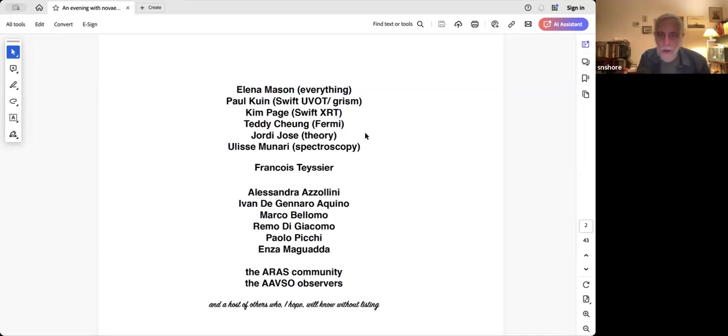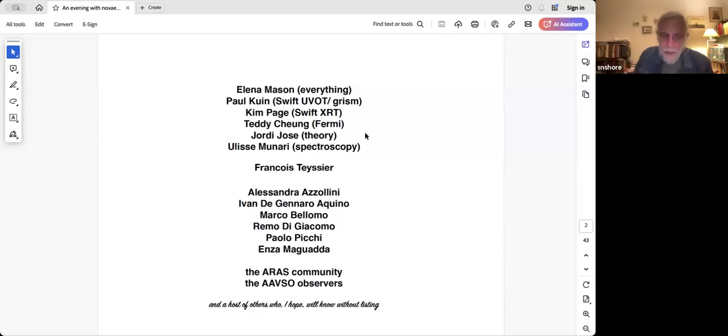Those who are principally involved in the different wavelength regions are Paul Kuhn, who's UV and Grissom on Swift, Kim Page, who's the one who keeps everybody up to date on the development of X-rays from observed systems. Teddy Chung and Pierre Jean are the ones who are the principals for Fermi, in part because Teddy happened to be on the satellite at the time when V407 Cygni went off in 2010.